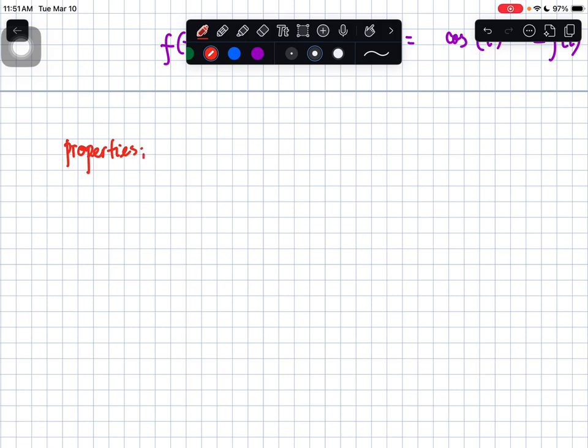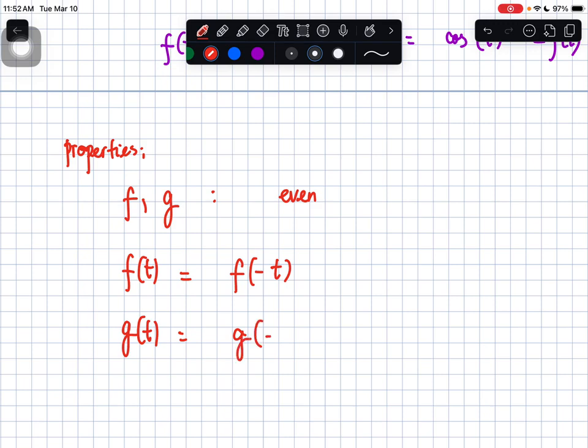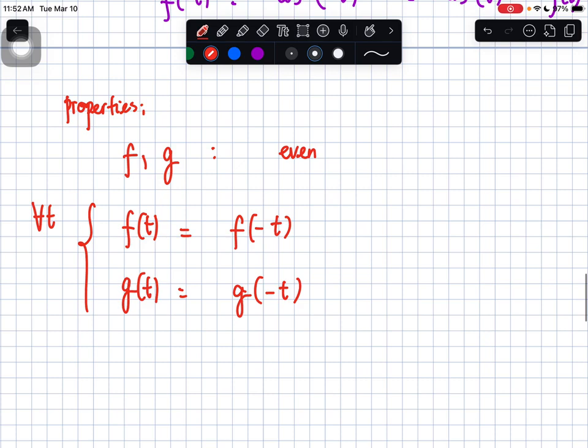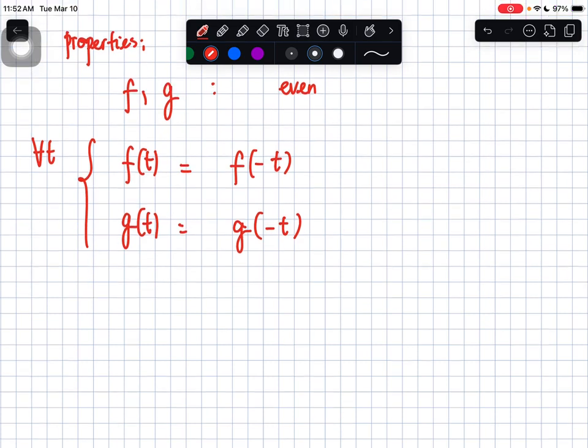So if we have two even functions, say I take the product of f and g, they are both even. This means that f(t) equals f of minus t, g(t) equals g of minus t by definition for all t. You can do the multiplication. Take the product of two functions. You have f times g at t. This is f of t times g of t.